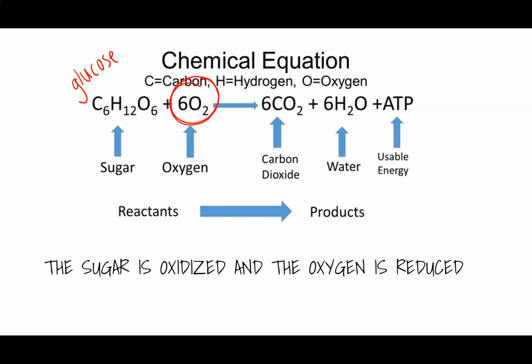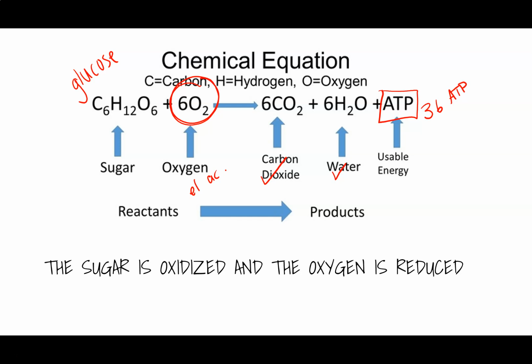That is going to be huge. That's going to be the electron acceptor, which you're going to see later on down the road. And the products, if you will, or the waste, are going to be CO2, which is going to go into your blood, and then you're going to breathe it out, water, and of course, usable energy in the form of ATP. Aerobic respiration makes about 36 ATP molecules total.